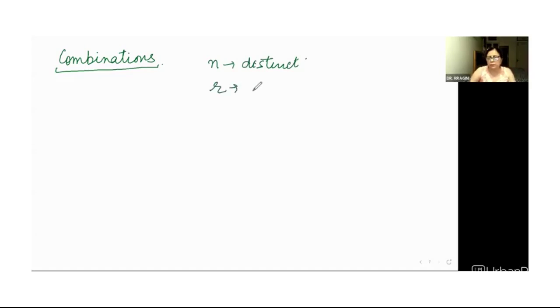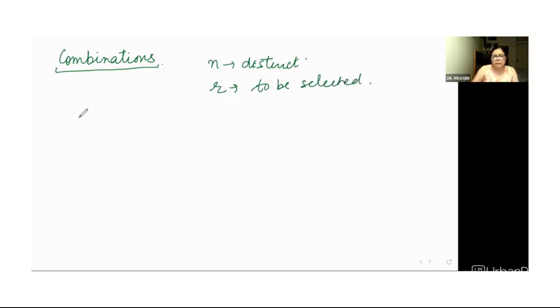Now let us do combinations. Combinations is a very interesting and easy topic. It is nothing but selection of a few objects out of many, right? Like if you have n different objects, n distinct objects, and you have to select r to be selected.